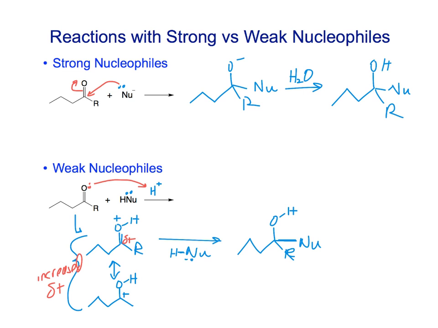Okay, but what can happen after that is if we have acid, then if that OH protonates, it can be converted to a good leaving group. And if this nucleophile has non-bonding pairs of electrons, what can happen? H plus, let's kind of draw this out. We form a water molecule here.